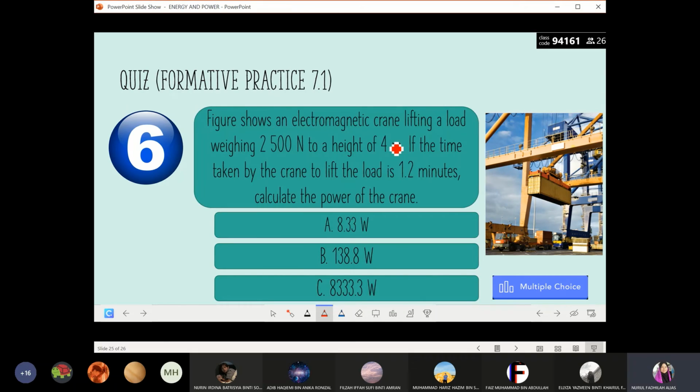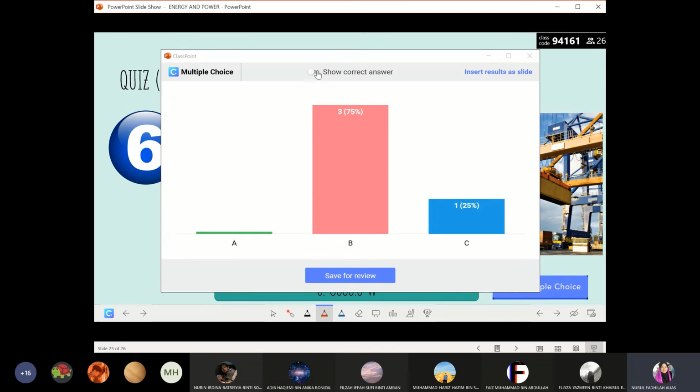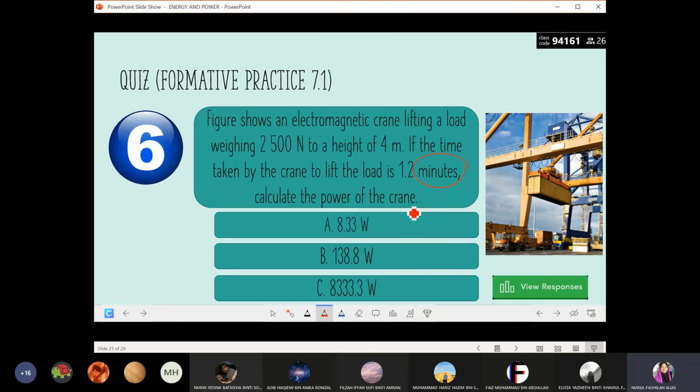This is the continuation of the question just now. If the time taken is 1.2 minutes, calculate the power of the crane. Okay, how do you answer this one?